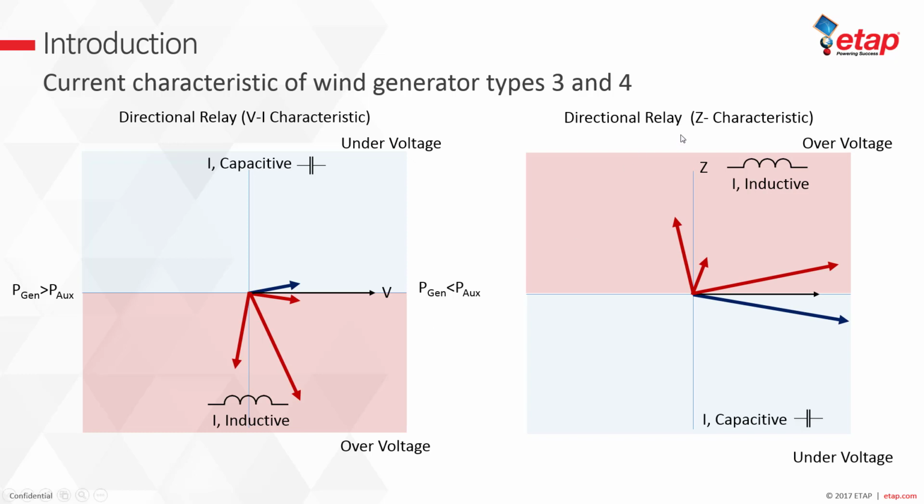Now, when we look at a directional relay and its impedance characteristics, what's going to happen is that if the current is lagging, the impedance is voltage divided by current. So the current goes to the denominator for the impedance calculation. So the impedance would be in the first quadrant if the current is in the fourth quadrant.